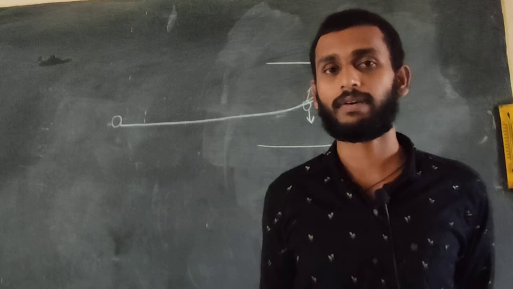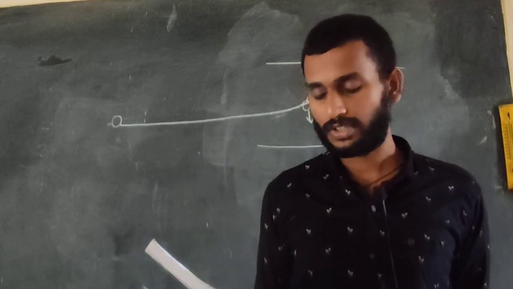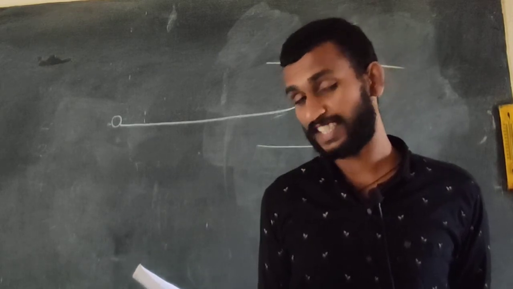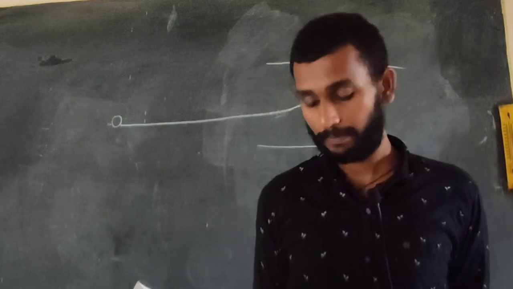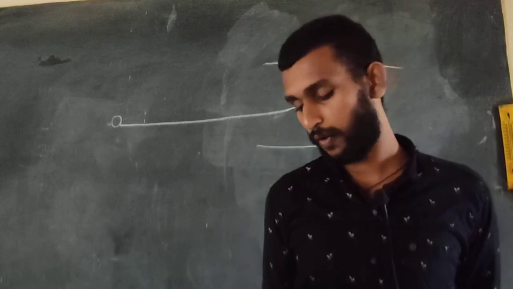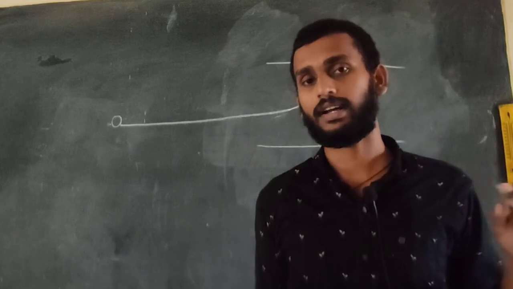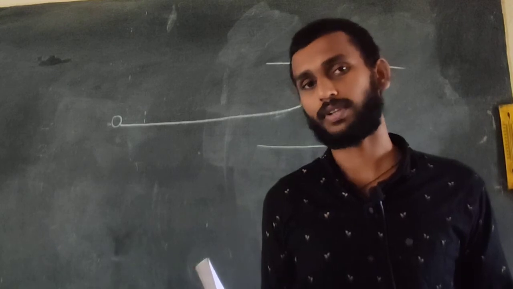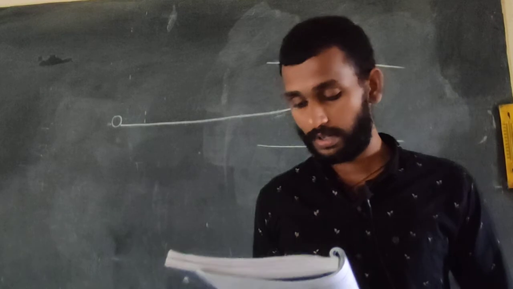The size of a typical virus is near about 10 to the power minus 8 meter. The thickness of paper is near about 10 to the power minus 4 meter. In the last example we discussed that a pinpoint is also near about 10 to the power minus 4 size.